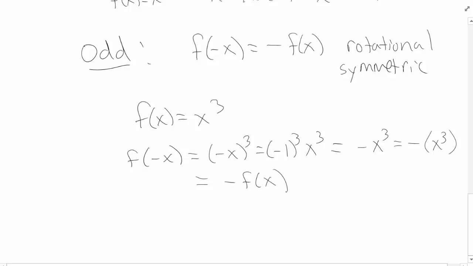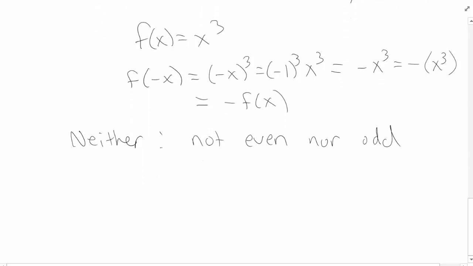Most functions are neither of these, so we say neither if it is not even nor odd. So for example, something like that would be if you had f of x is equal to x squared plus, say, x.